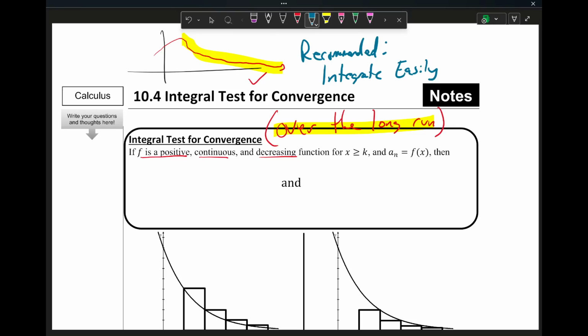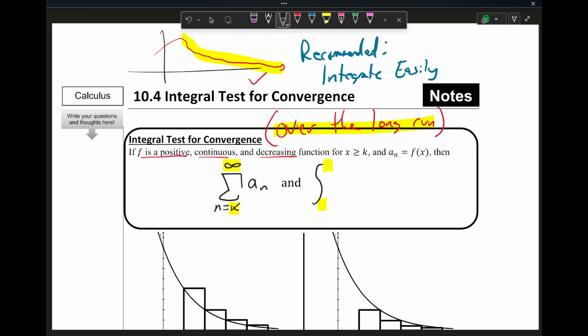Okay, so assuming it meets those conditions, if we take the series and it's always positive, we never have division by 0 to make it discontinuous, and we can see that each term gets smaller and smaller and it's decreasing, then the answer to our infinite series will be the same as if we integrate from this to this.